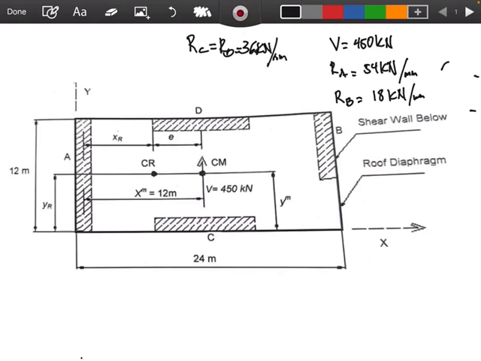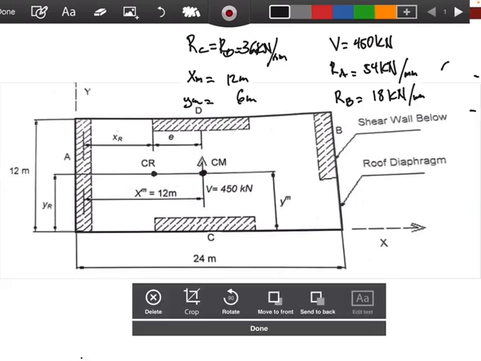And the location of the center of the mass, XM is 24 meters and YM... wrong. Its location is X is 12 meters and YM is 6 meters.